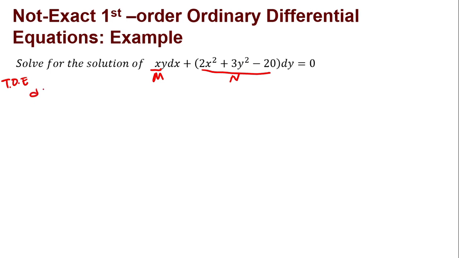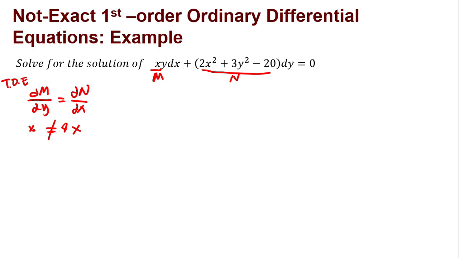The partial derivative of m with respect to y equals the partial derivative of n with respect to x. So this one is just equal to x. Then the partial derivative of this with respect to x is 4x. So this is not equal, so it means the given differential equation is not exact.